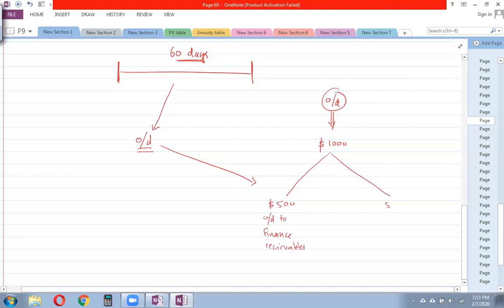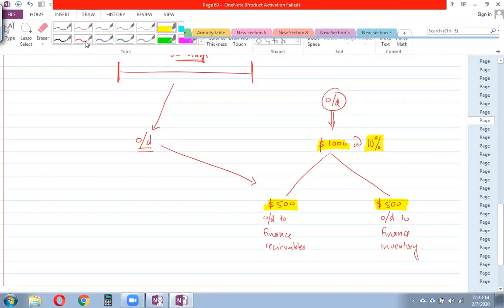And let's say 500 you have taken the overdraft to finance inventory, right? And this overdraft has an interest rate of 10%. So to finance receivables, you have taken $500, and to finance inventory, you have taken $500. Overall, you have taken $1,000, and the interest rate is 10%, right?